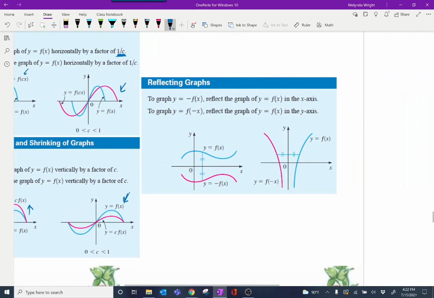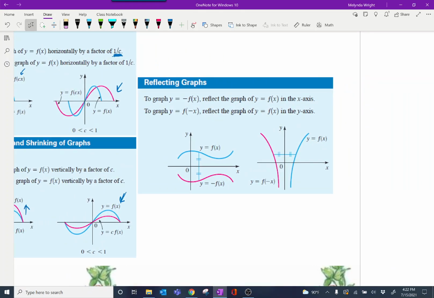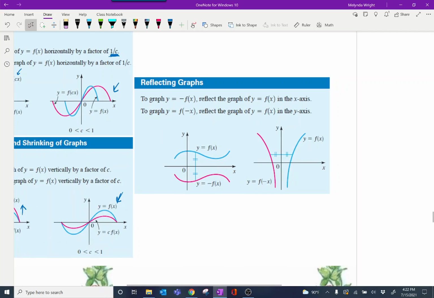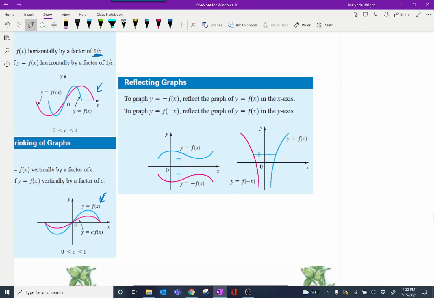And then that takes us to the last major classification, which is reflecting. We would reflect a graph. So if we're multiplying the whole function by -1, it's going to reflect the function over the x-axis.